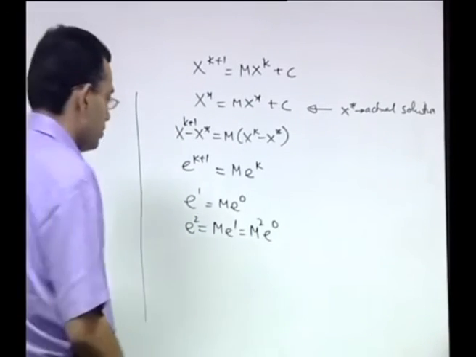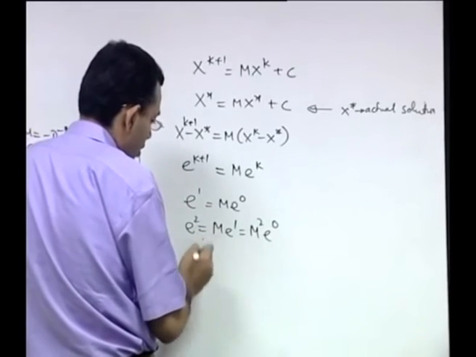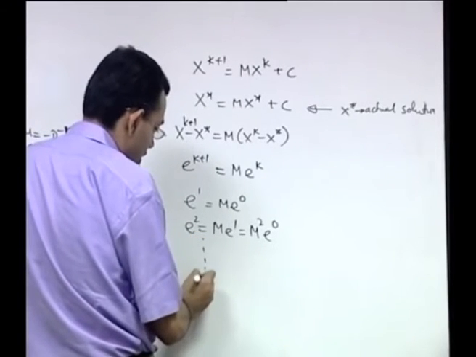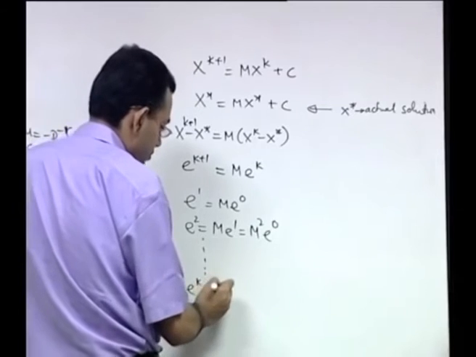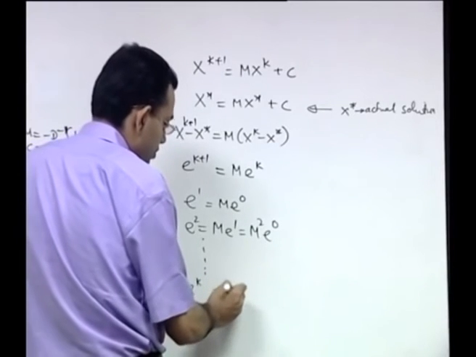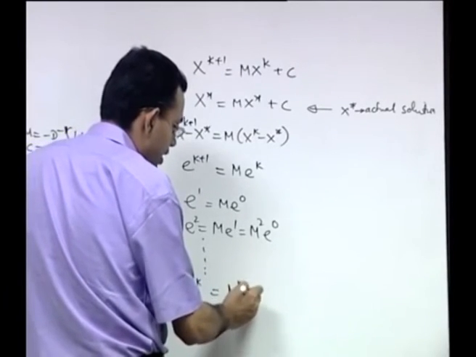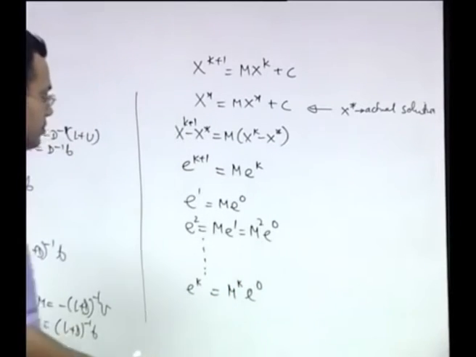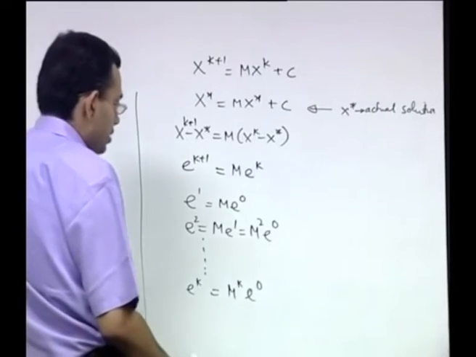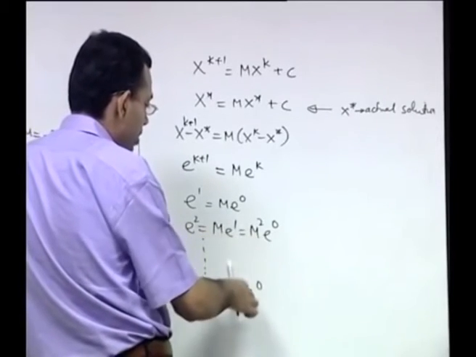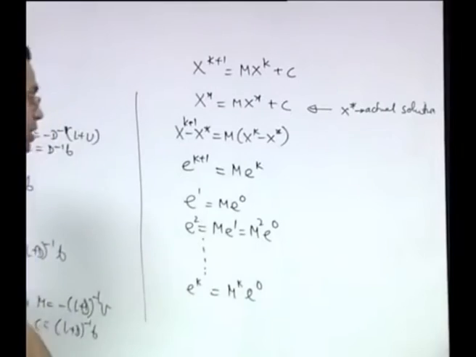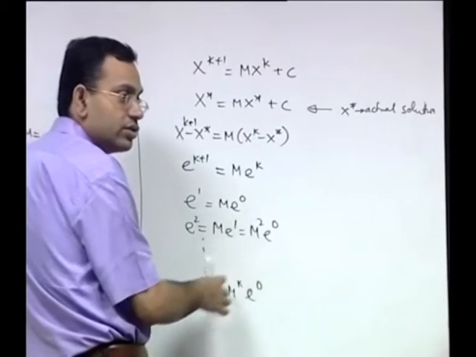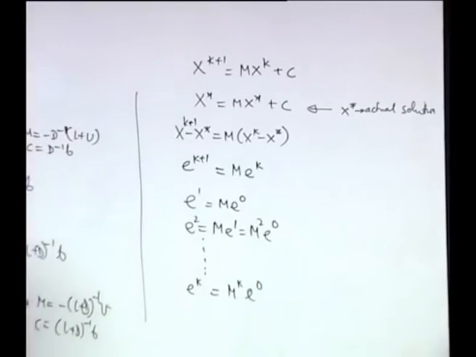In this way, if you come down, Ek is equal to M to the power k E0. E2 is M to the power 2 E0, so Ek is M to the power k E0.